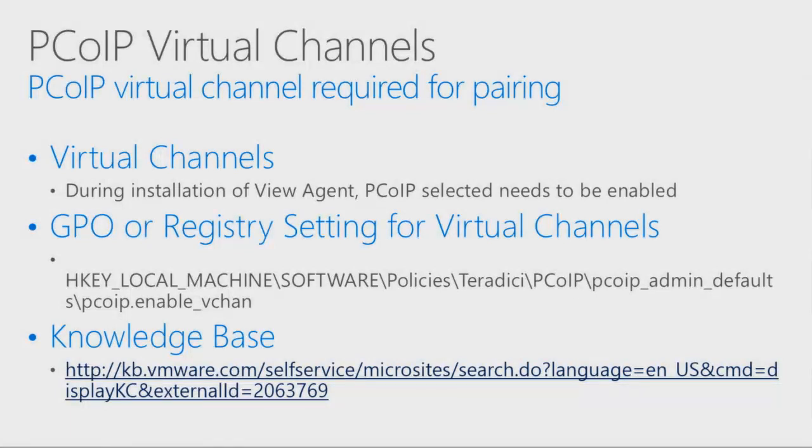In a few instances, for whatever reason, we've seen a couple of customers go into the registry in HKEY_LOCAL_MACHINE software, and set the PCoIP enabled VChan to 0, which disables the virtual channel. When that happens, you're not going to have any communications between the Lync client and the Lync VDI plugin, and it's not going to even pair up. So that's another place you can look.